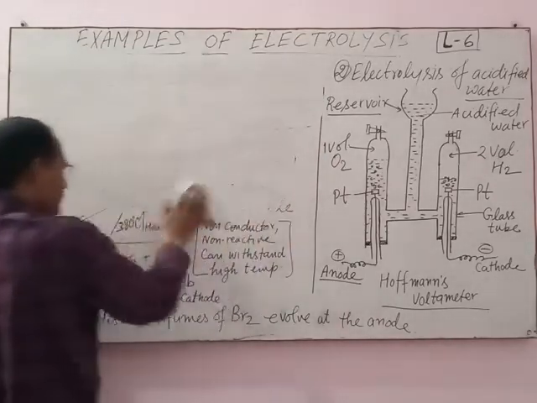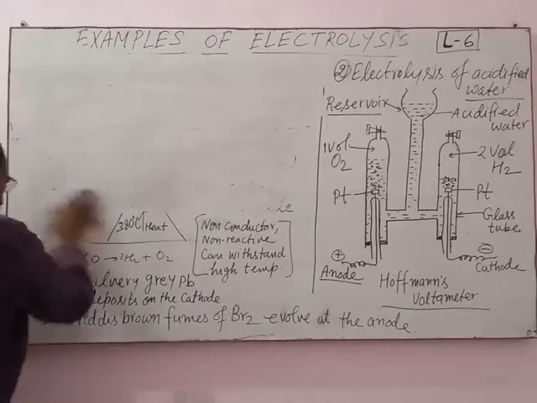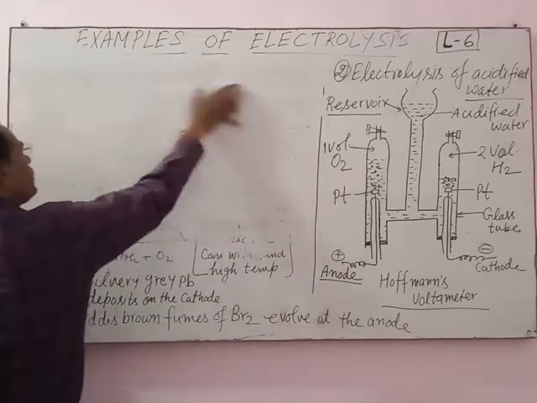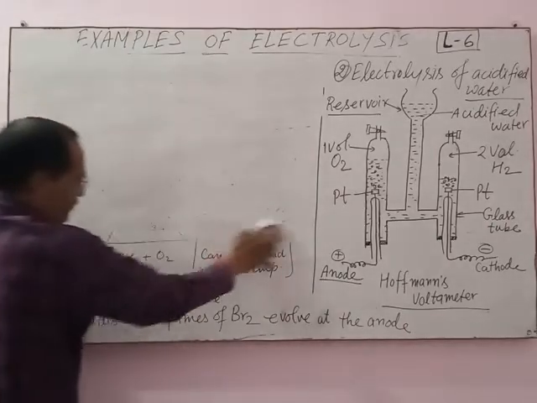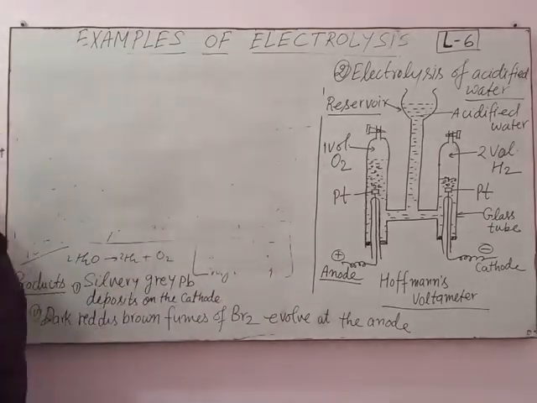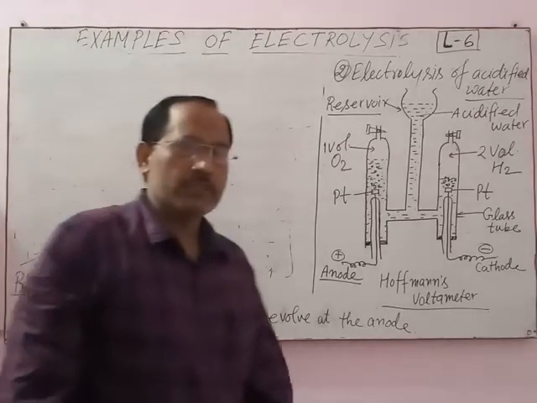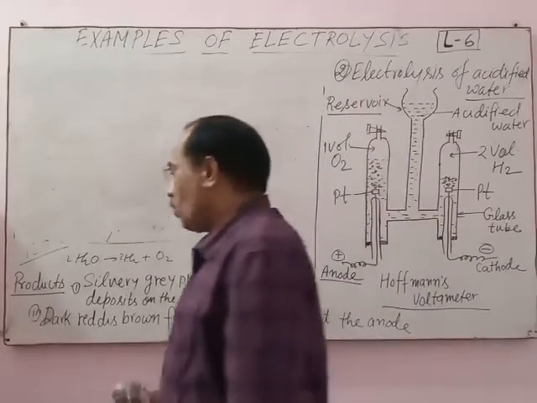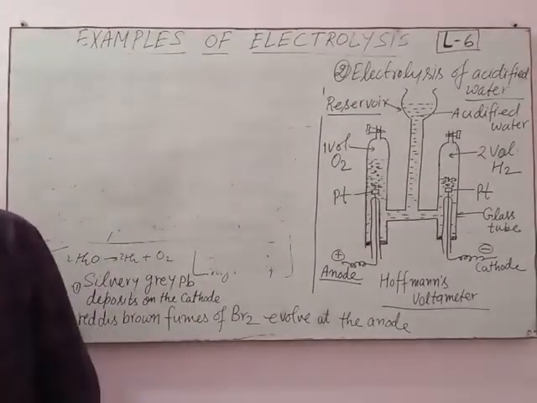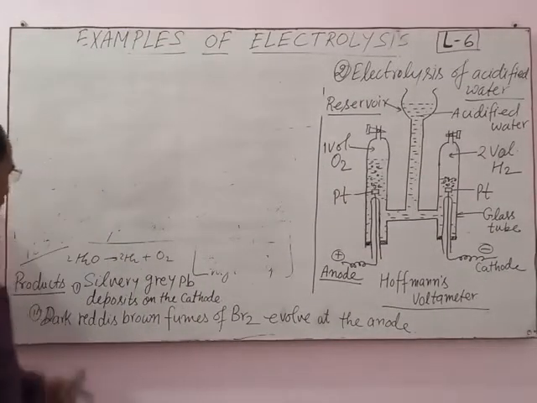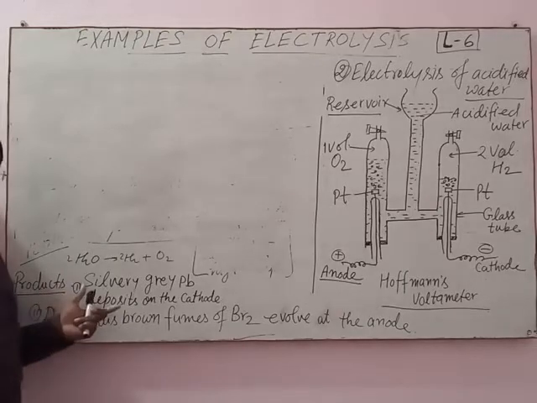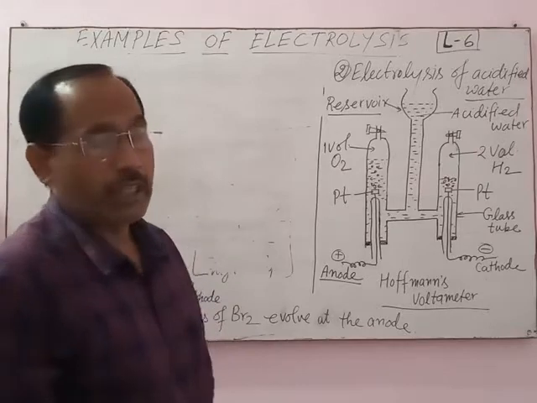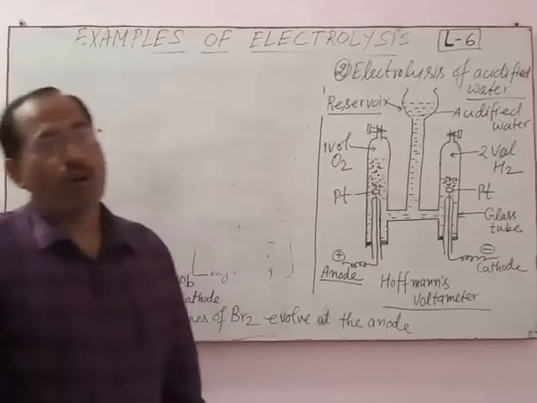Now, if one asks, what do you observe during the electrolysis of lead bromide? Means, what are your observations during the electrolysis of lead bromide? Product formation, or changes taking place during the electrolysis in the electrolytic cell, is the observation.